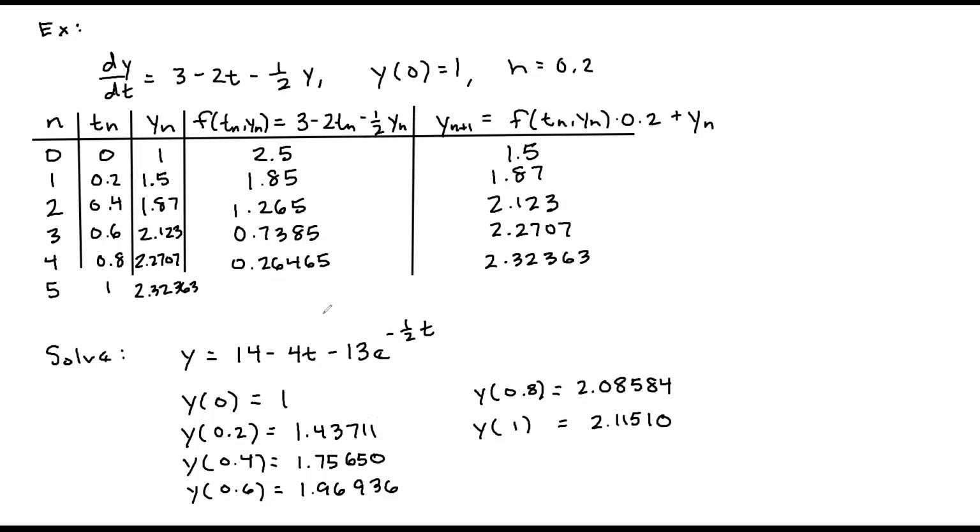That's why it's called a numerical approximation method. For 0.4, we've got 1.87. The actual is 1.75. And then 0.6, 2.123 versus 1.969, and so on. Okay, so that's the result of our numerical technique using Euler's method, and those are our actual results. Let's actually look at a graph and compare the two.